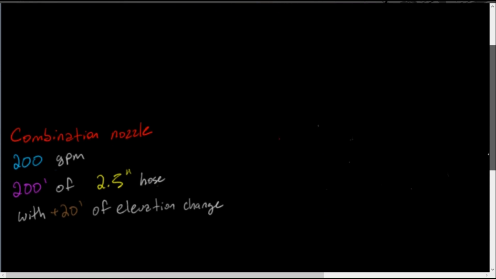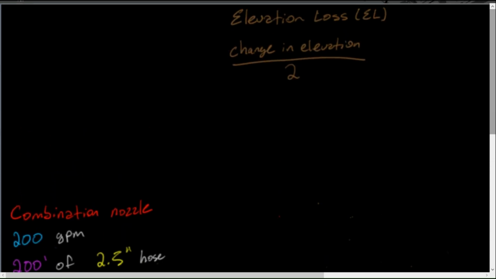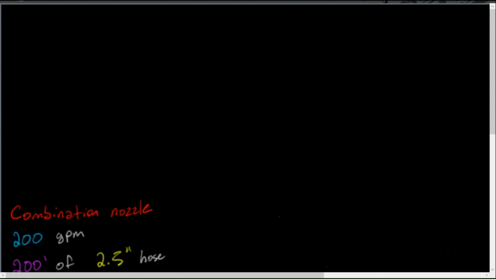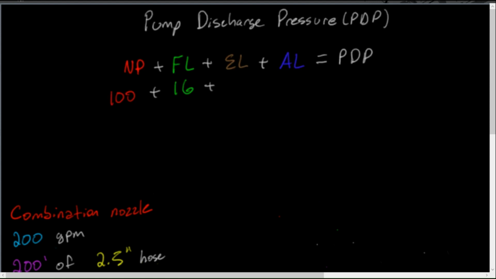In this example, we have a 20-foot gain in elevation. So we're going to take our 20 divided by 2, which gives us 10 for our elevation loss. Let's plug that in to our PDP formula. So elevation loss is 10.